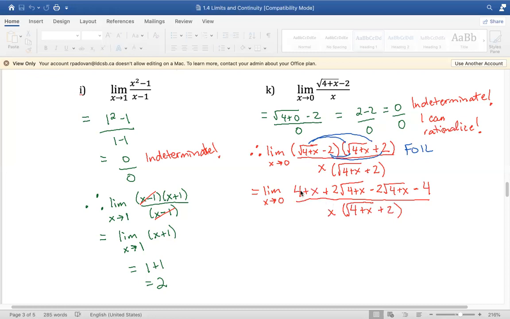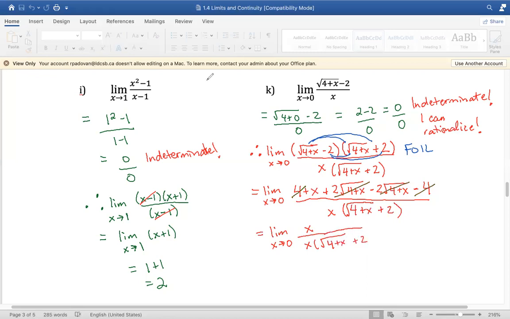So I have a 4 here and a minus 4. Those cancel out. I have a positive 2 square root of 4 plus x minus 2 square root of 4 plus x. So actually I'm just left with, change my color back to red, the limit as x approaches 0 of just an x on top divided by x multiplied by the square root of 4 plus x plus 2.